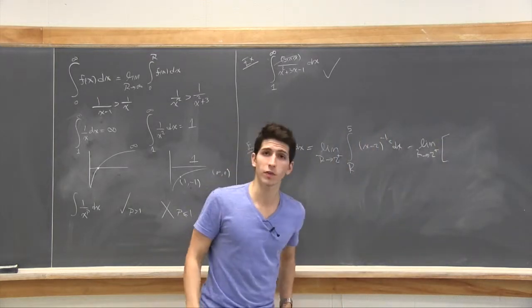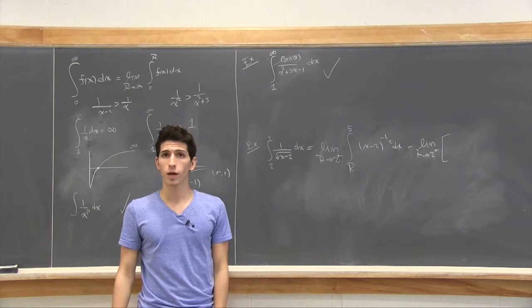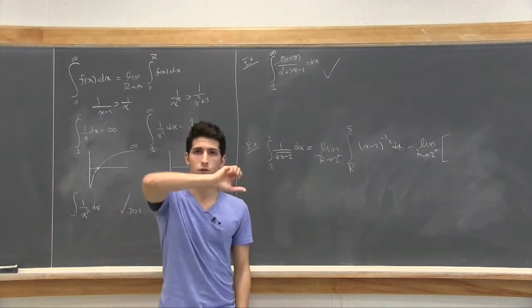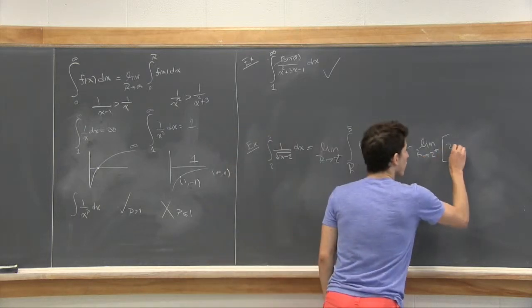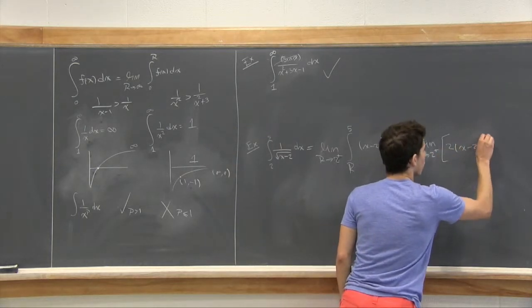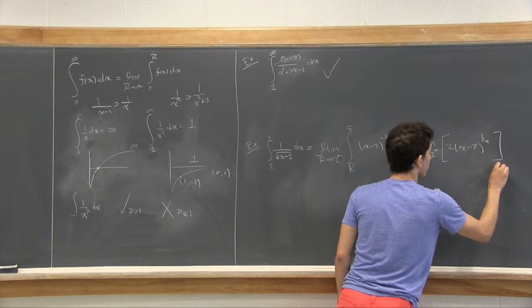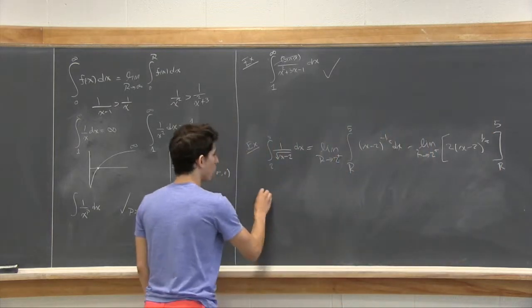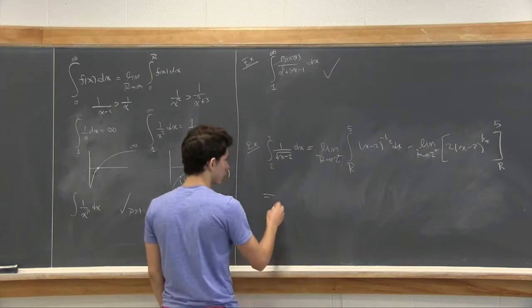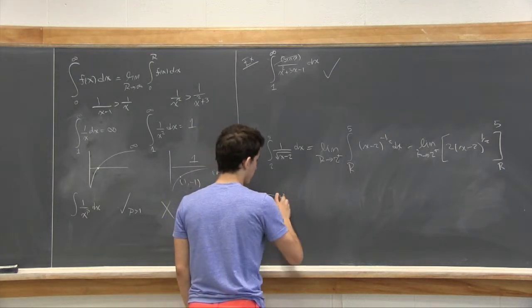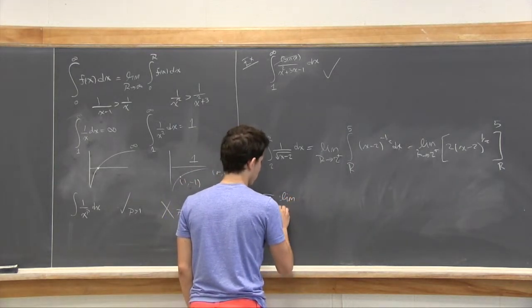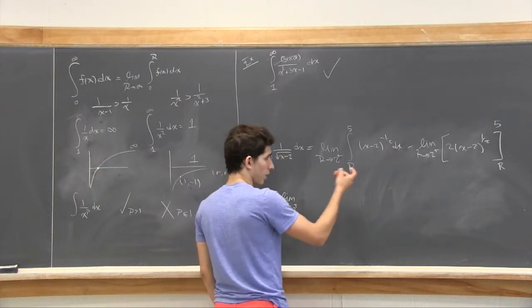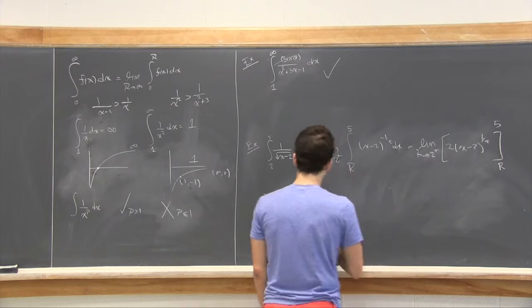What is the antiderivative of x minus 2 to the negative 1/2? Well, add 1, so x minus 2 to the 1/2. Bring it down and invert it. 2 times x minus 2 to the 1/2, evaluated at r and 5. Okay, so at 5, I'm going to write my limit again, because I'm a good student. So I'm going to evaluate it right now.